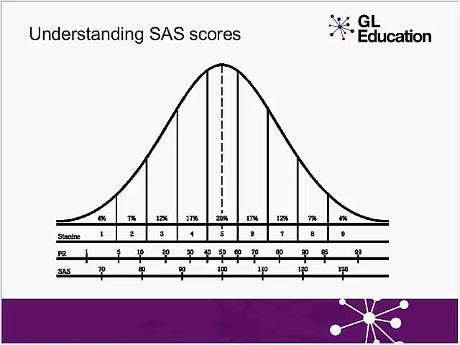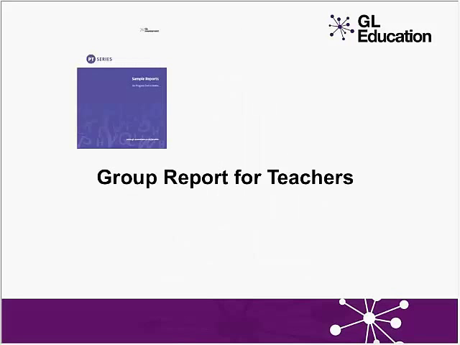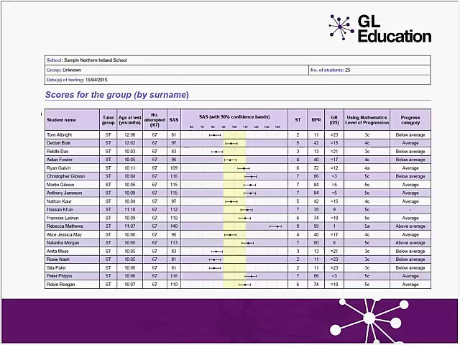Okay, and it's important to go through that because when we look at examples of the report, I want you to be able to get a feel for what a standard age score would mean and the stanines that are mentioned on this report. So I'm unable to demonstrate very clearly with a pointer at this stage.